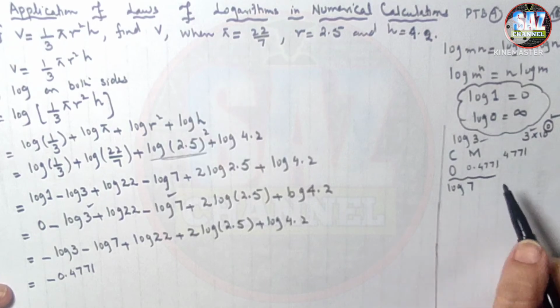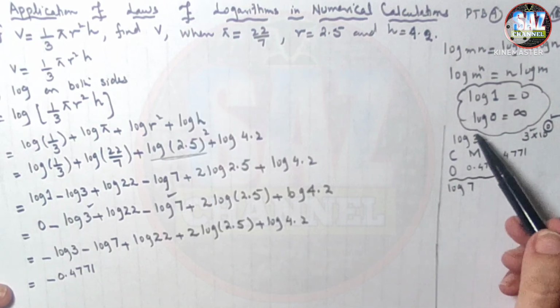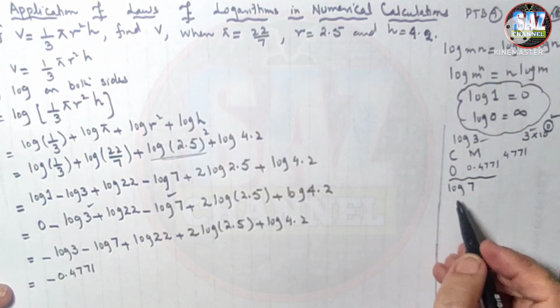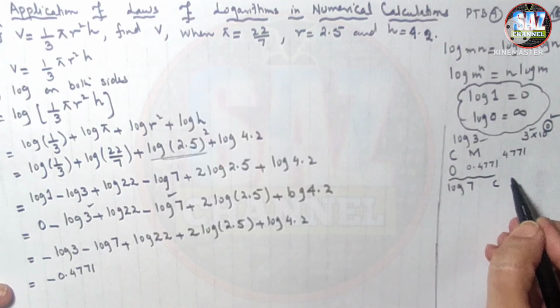You can see that log 3 and log 7 have symmetry, as both have a single digit in their integral part.